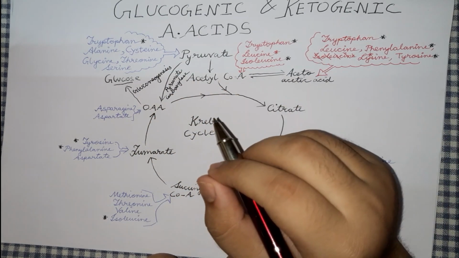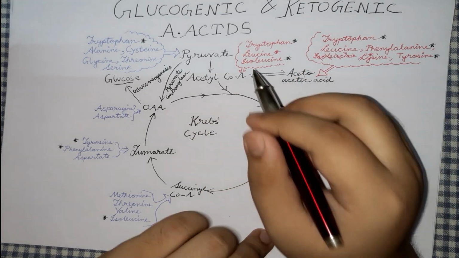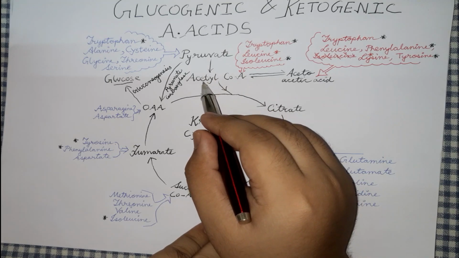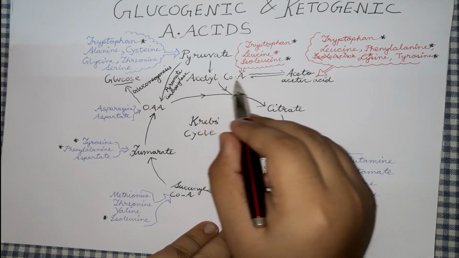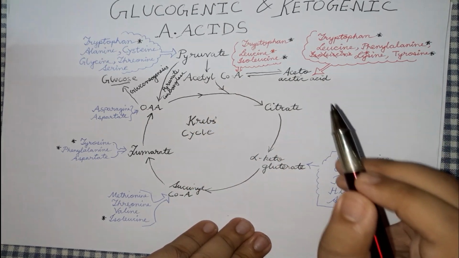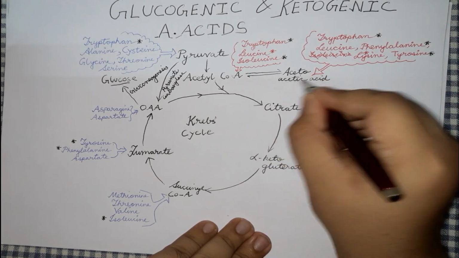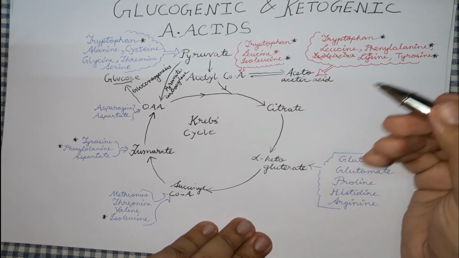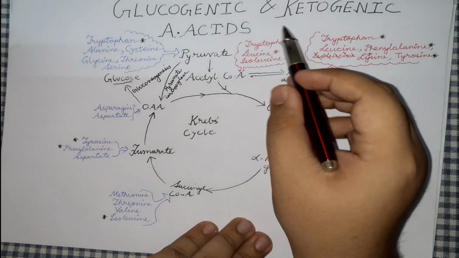Alright. Then what are ketogenic amino acids? You see, ketogenic amino acids are those amino acids which ultimately lead to the formation of acetyl-CoA or even acetoacetic acid, or some say acetoacetyl-CoA also. Right, these amino acids are ketogenic.